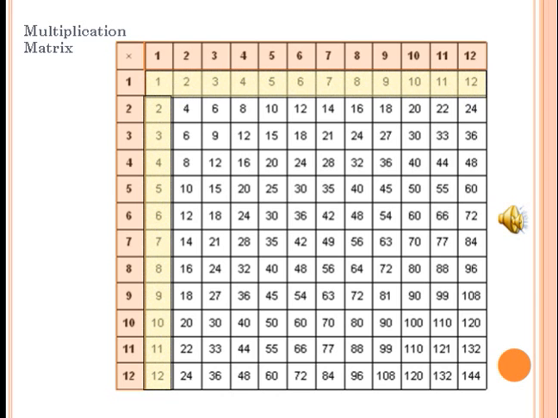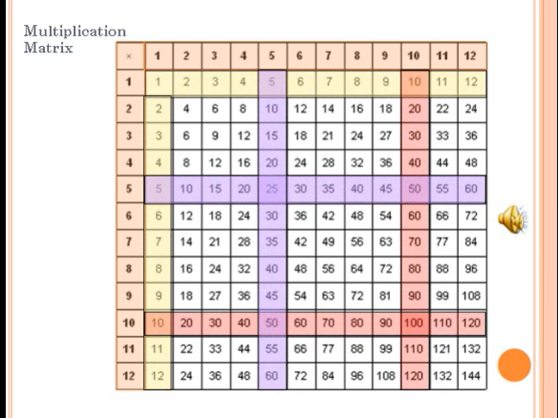Once they know times 1, they can talk about times 10, being that it is the other number moved over a place value. So instead of 3 times 1 is 3, 3 times 10 is 30. After talking about times 10, we talk about times 5.